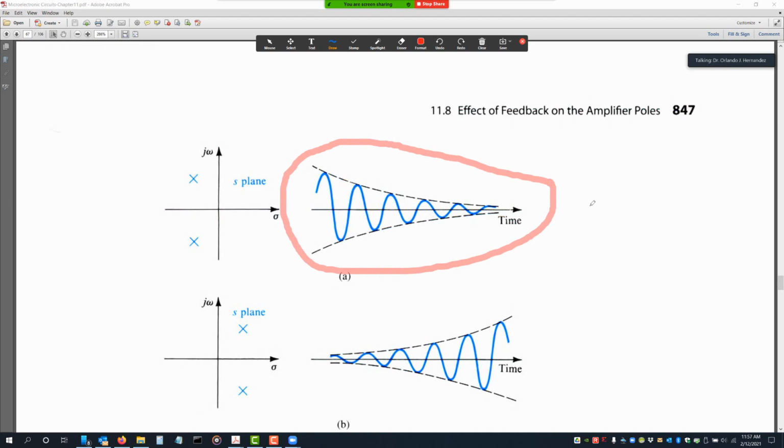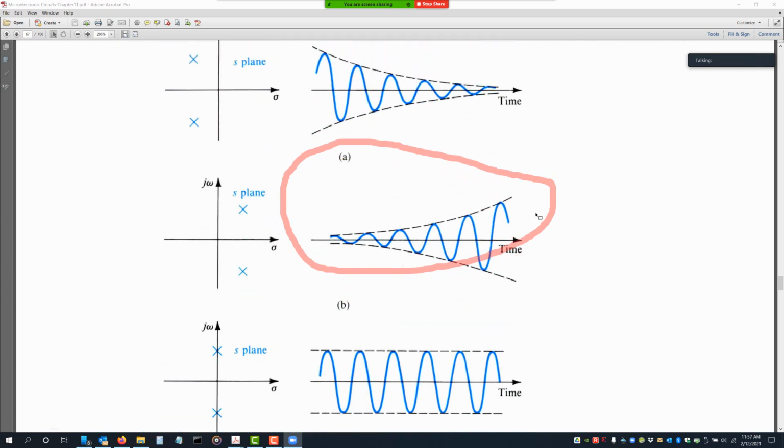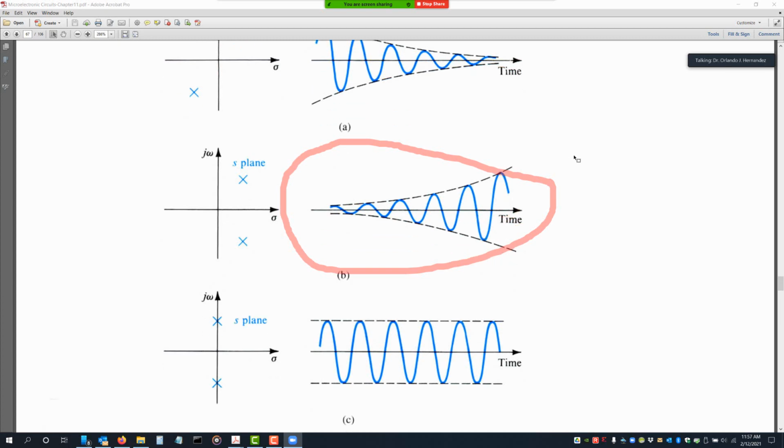And then if you have your poles in the right-hand side of the plane, you have unbounded behavior, because at that point your feedback is being made greater than 1 overall, because it's negative, but not at omega 180.